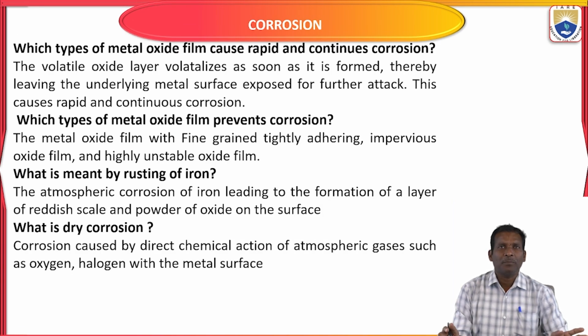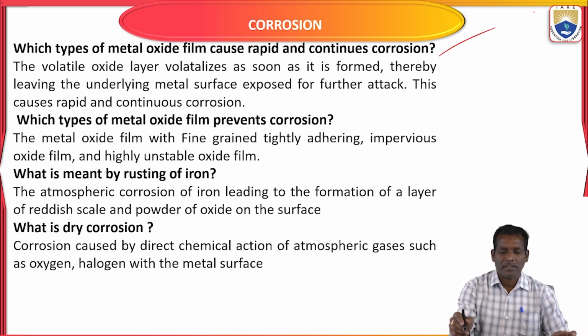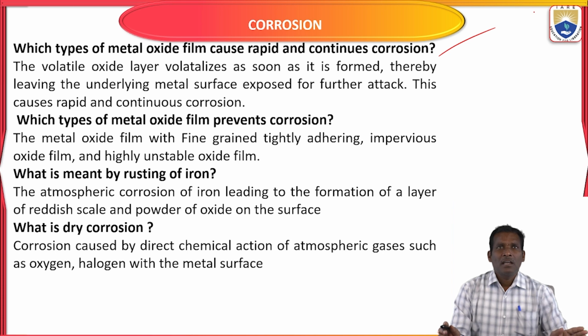Which type of metal oxide film causes rapid and continuous corrosion? Another type of question. The volatile oxide layer volatilizes as soon as it is formed, thereby leaving the underlying metal surface exposed for further attack.